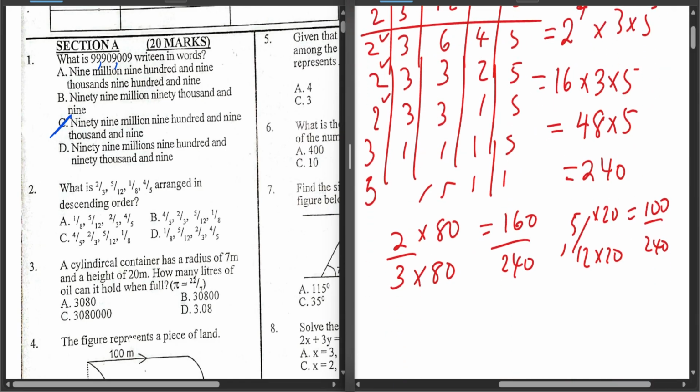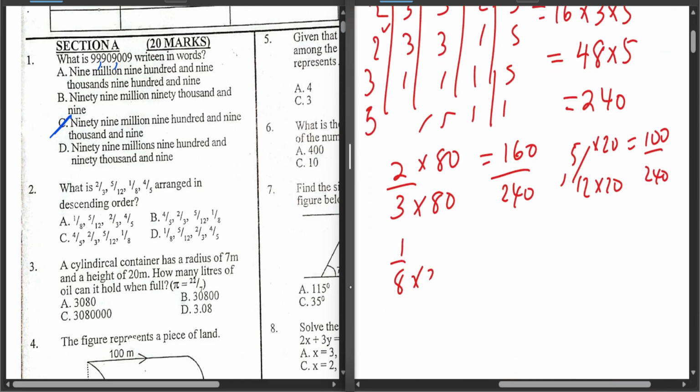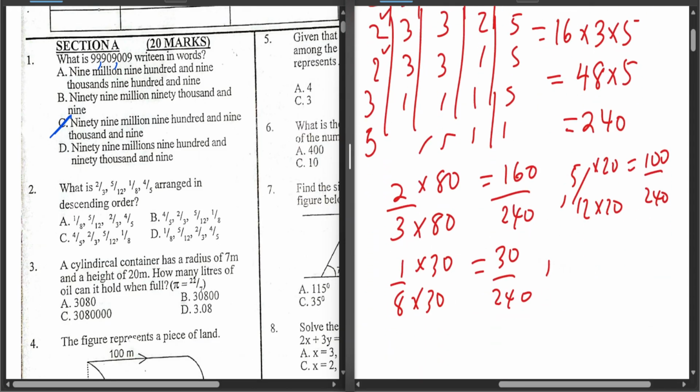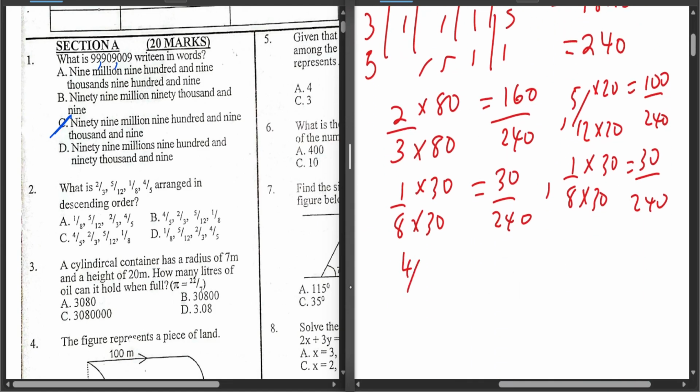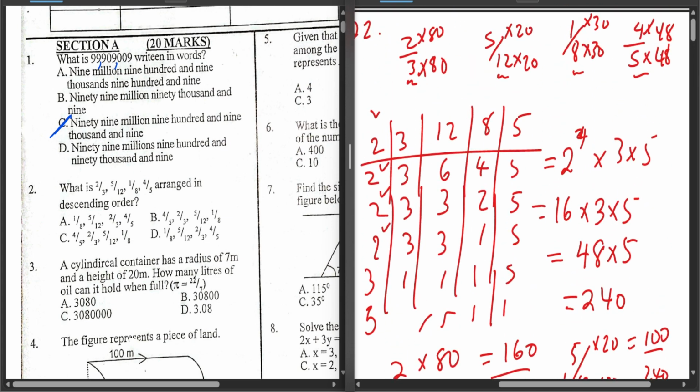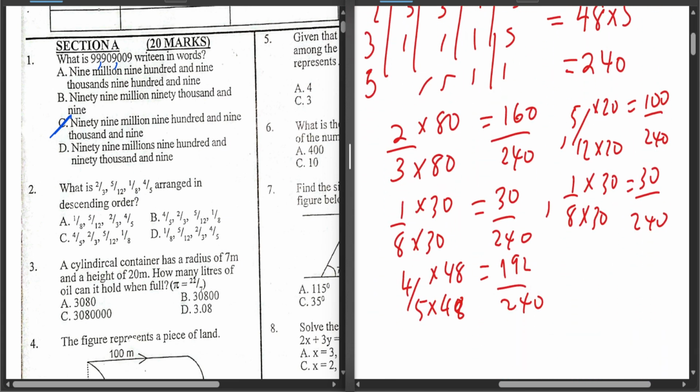For 1 over 8, times 30, you get 30 over 240. And then we have 4 over 5 times 48, and you get 192 over 240. Okay, 48 times 5, yeah.